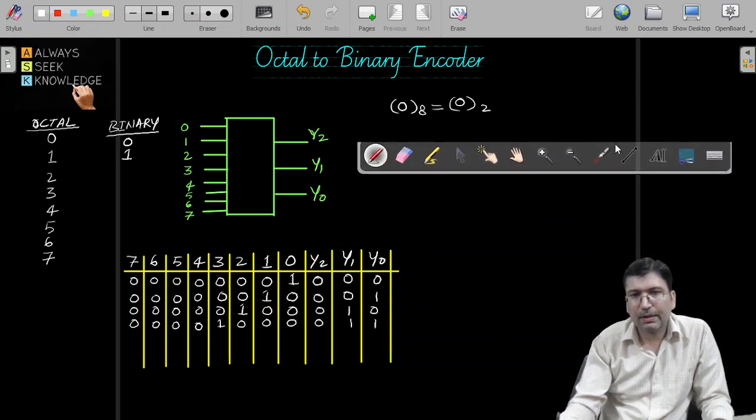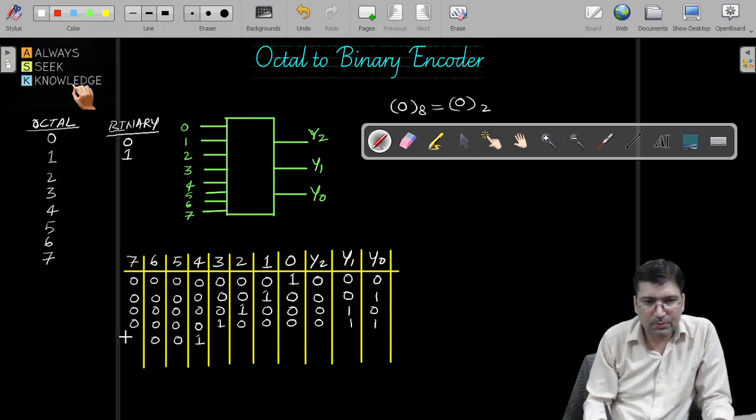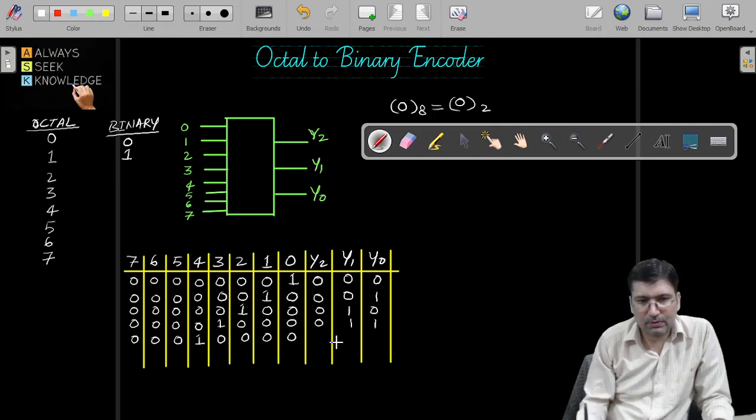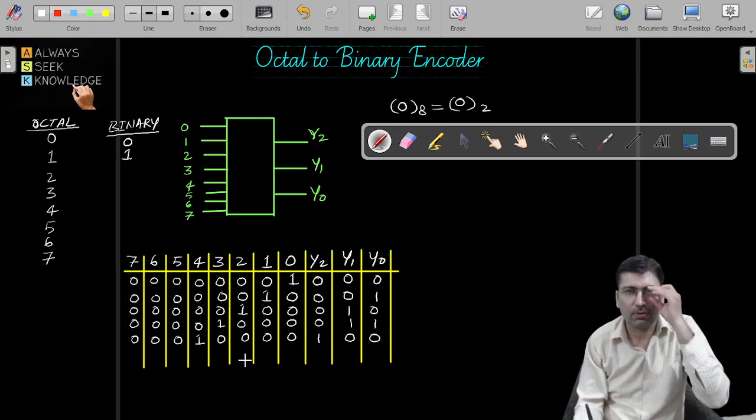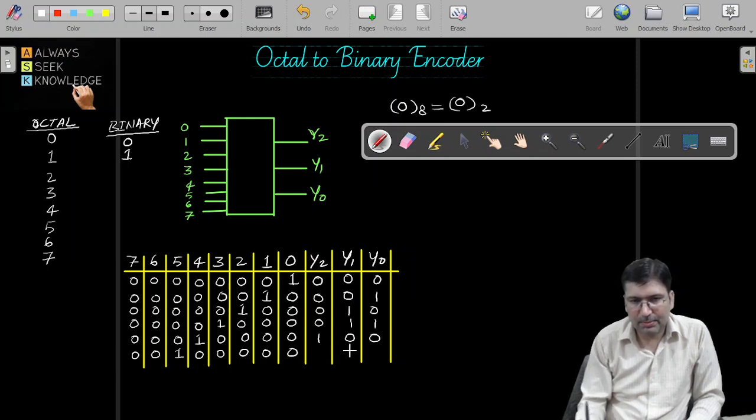Now in the next row, I assume this I4 is high and the rest of the inputs are low. In that case, this 4 we can represent as 1 0 0 in 3 bits, right? 1 0 0 will represent 4. Next, I assume the fifth input is high and the rest of the places are 0. 5 we need to represent in 3-bit binary, so it will give 1 0 1, which is 5.